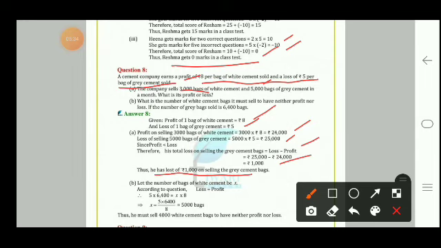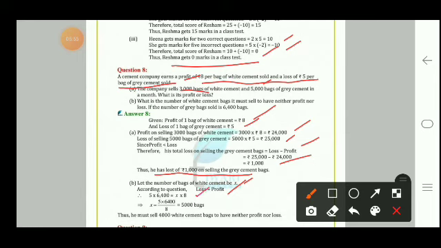Now part B: what is the number of white cement bags it must sell to have neither profit nor loss, if the number of grey bags sold is 6400? Let the number of bags of white cement be x. According to the question, loss is equal to profit. So 5 into 6400 is equal to 8 into x, because the profit is rupees 8.